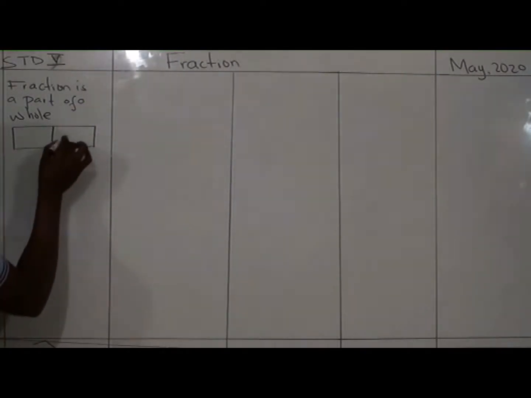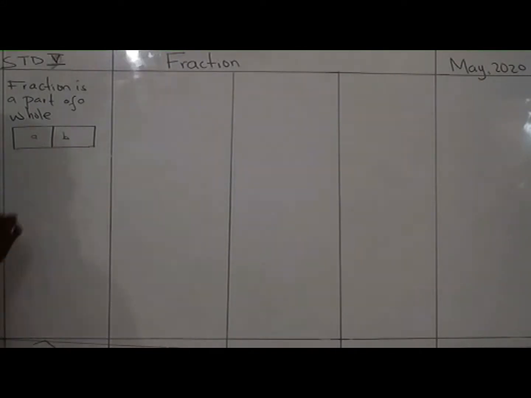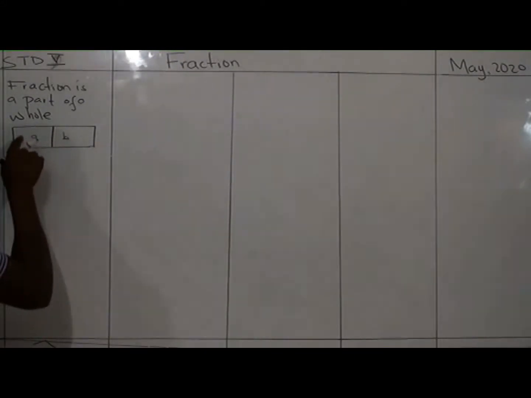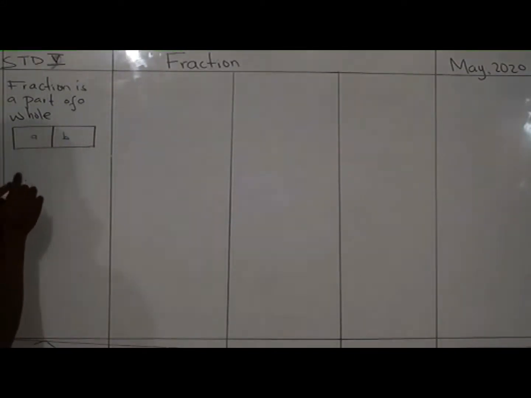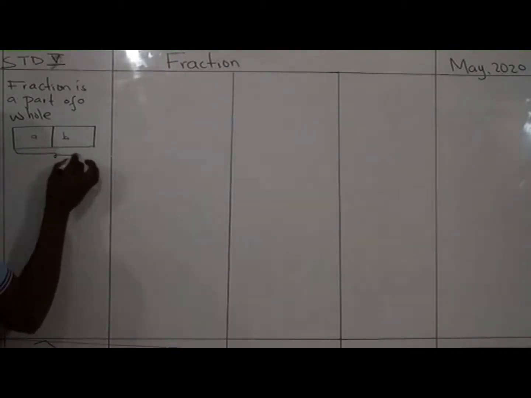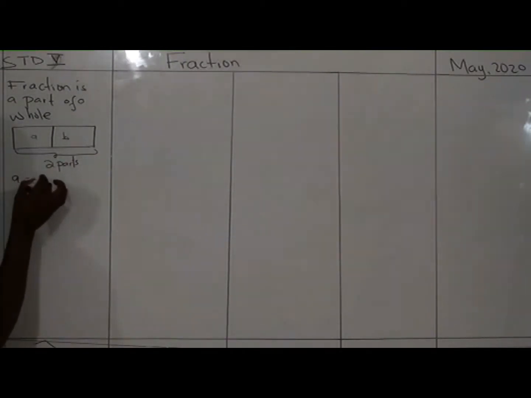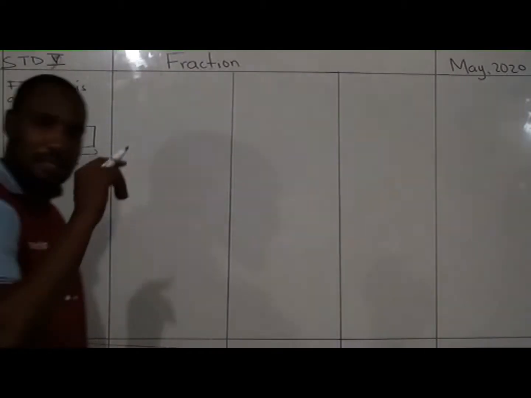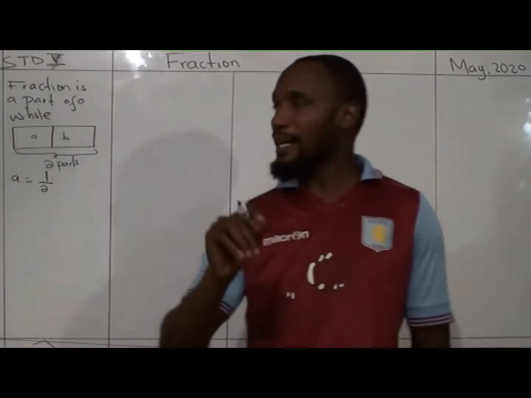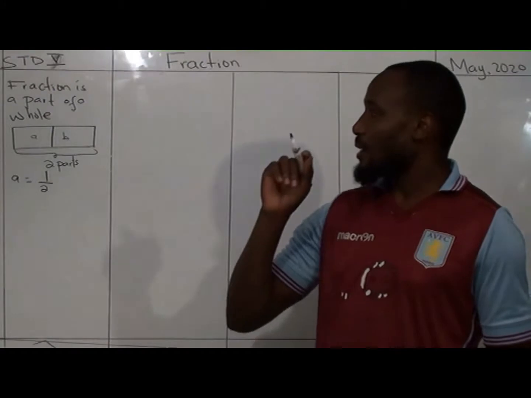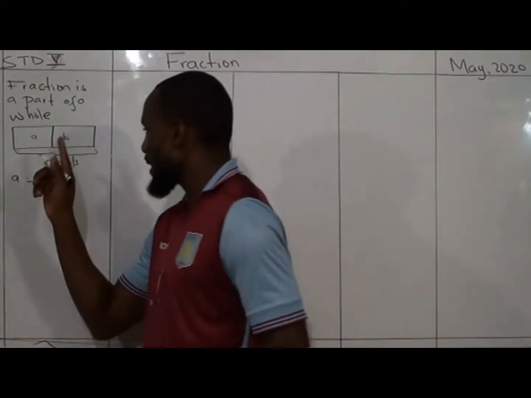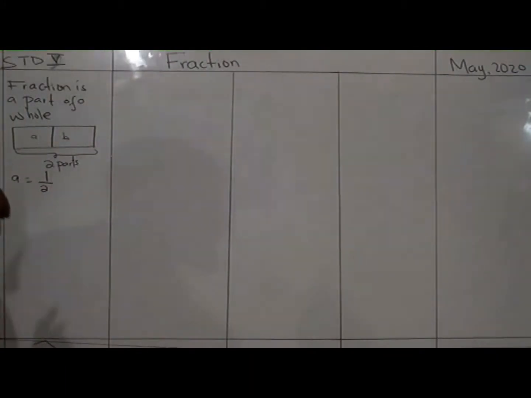This is part A and this is part B. So you ask yourself, what is this of all of it? All of these are the two parts, right? But when I say part A is one out of the two, it is a fraction, or a part of a whole. So the whole thing has two parts, so one of it is 1 over 2.